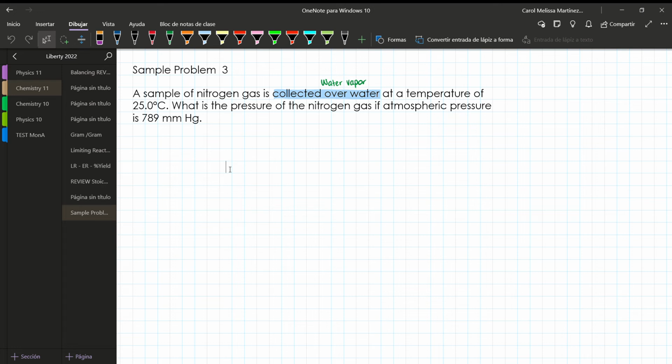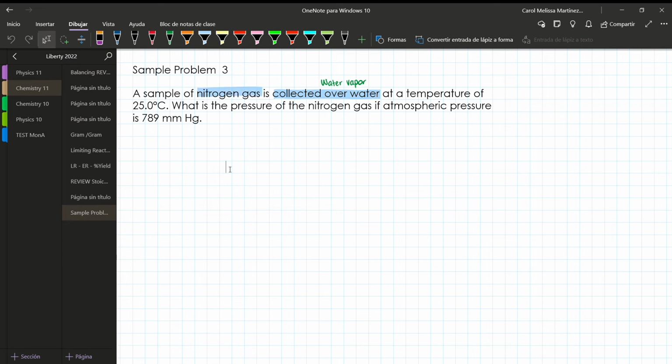So what are we going to do in this problem? What are the gases that are mentioned in the problem? They didn't mention, but they said collected over water, which is water vapor. What is the other gas? The other gas is the first one mentioned in the problem, that is nitrogen gas.